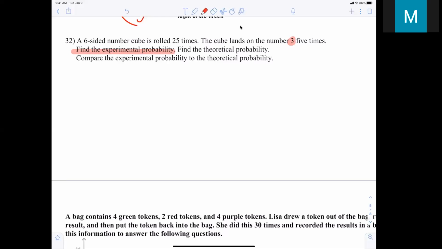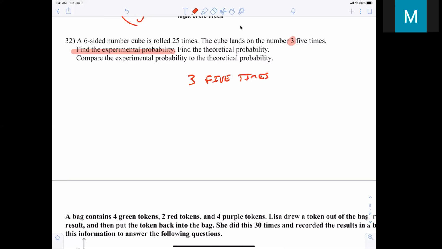3 out of 25. The experimental probability for rolling a 3. Hold on a minute. You rolled the 3 how many times? Thank you, Ashley. 5 times. So what's the experimental probability of throwing a 3?